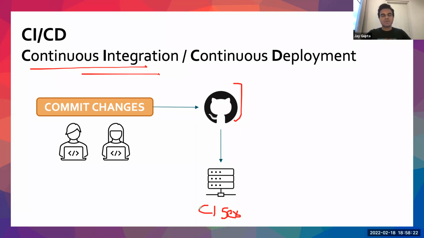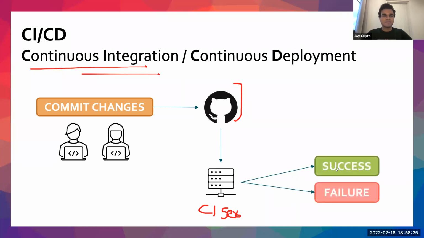Suppose we have a bunch of test cases that we have written for our program. Then we can program the CI server to run the test cases whenever developers push some code. And whenever we run those test cases, we will either get a success or a failure. So the big picture is that developers write and commit some code. Once the code base is changed, the CI server will run its tests.